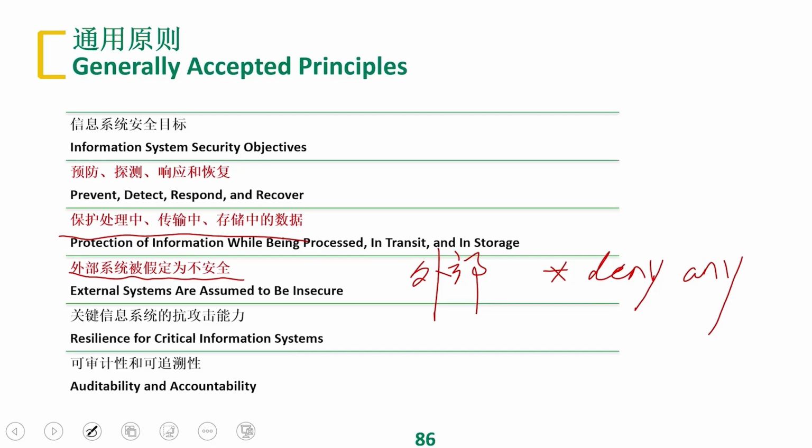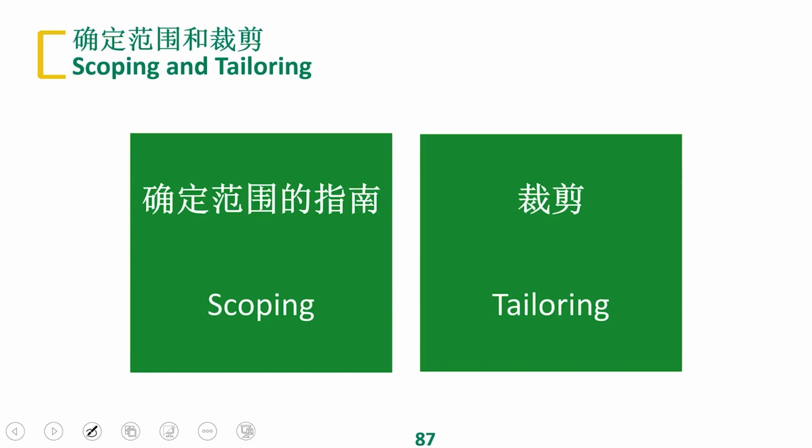That is to say, no matter how we configure this access control, no matter how many lines you configure in front, the last line is always deny any because it thinks the default is insecure. So I default to reject. I think the outside is insecure. These are some common principles for security design such as equal protection or the US government's infrastructure.